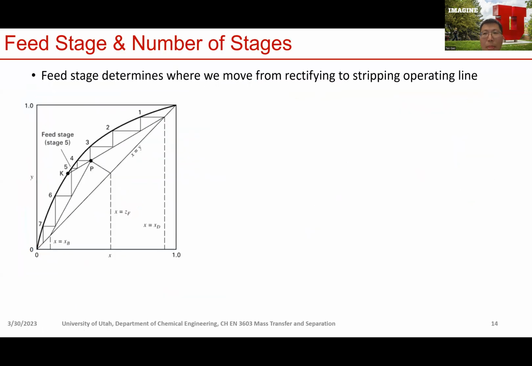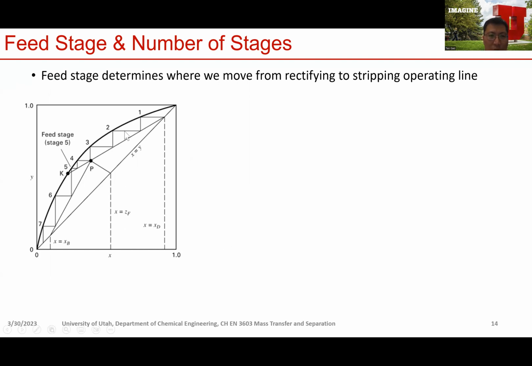Okay. Now we have the operating lines and the q lines. Then we can design the number of stages, and we can also determine where we put the feed stage. Remember, the feed stage is where we move from the rectifying section operating line to the stripping section operating line. So let's look at this example.